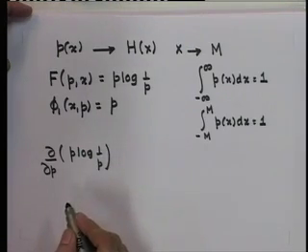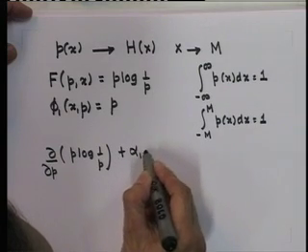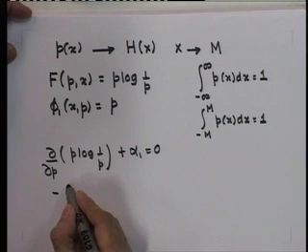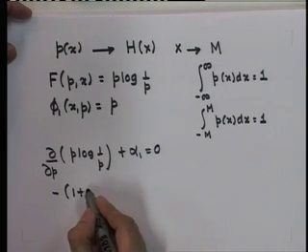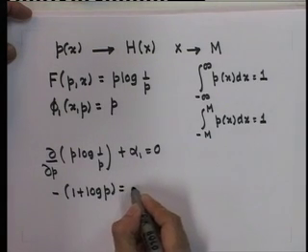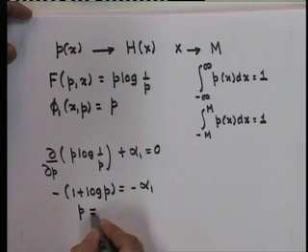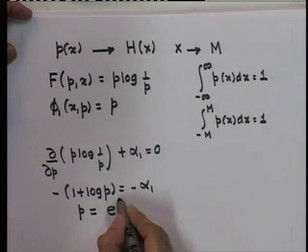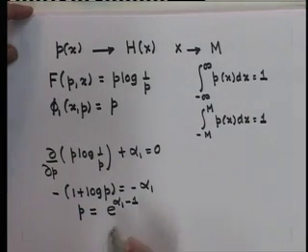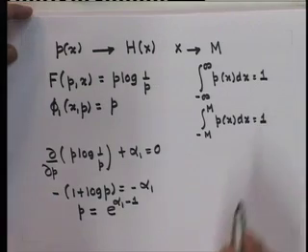Derivative of p log 1 by p with respect to p plus alpha 1 is equal to 0, which simplifies to minus 1 plus log p is equal to minus alpha 1, which implies p is equal to e raised to alpha 1 minus 1. Now, we know that the integral of p x dx over minus m to plus m is equal to 1.